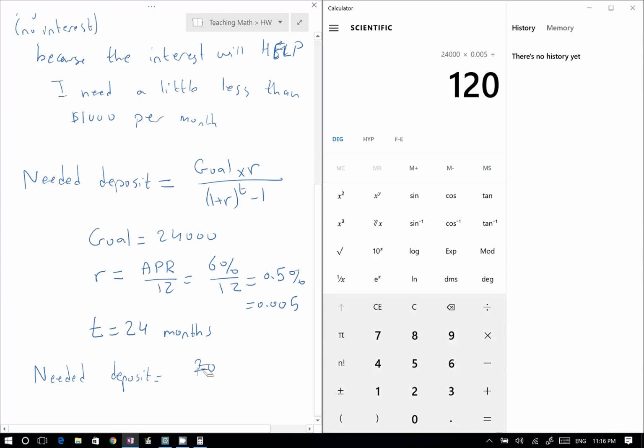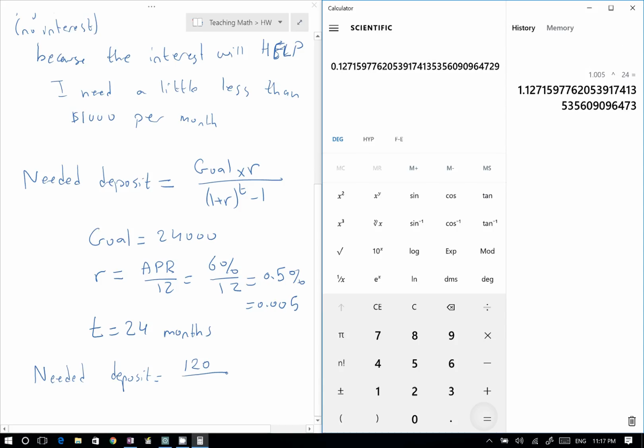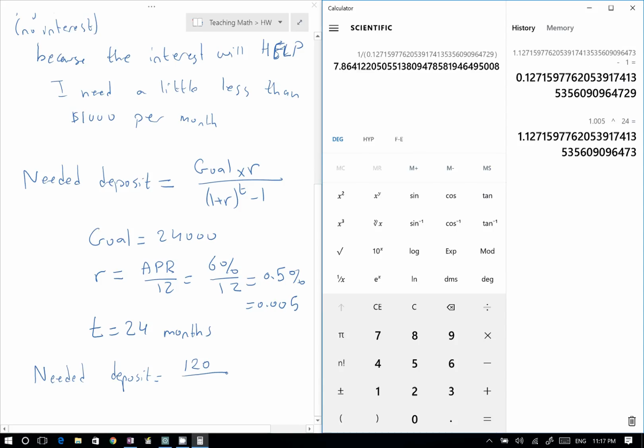Oops. 1 plus r, let me do this. 1.005, that's 1 plus r raised to the power 24 minus 1 over x. So that's 0.127.